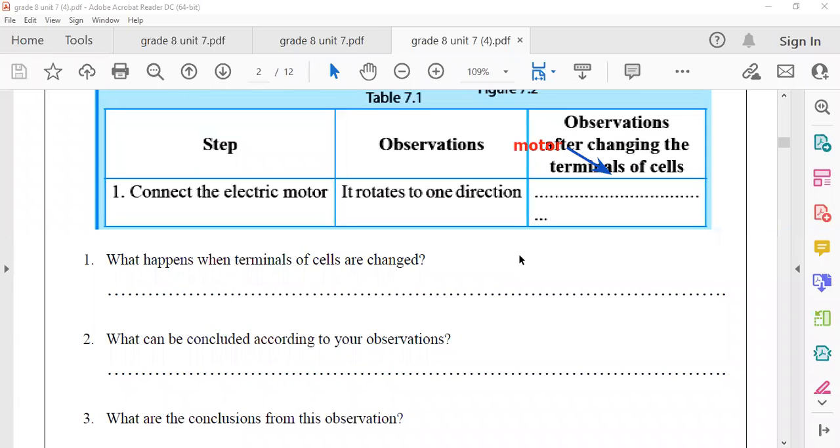The motor will rotate in the opposite direction. Clear? Yes, sir.